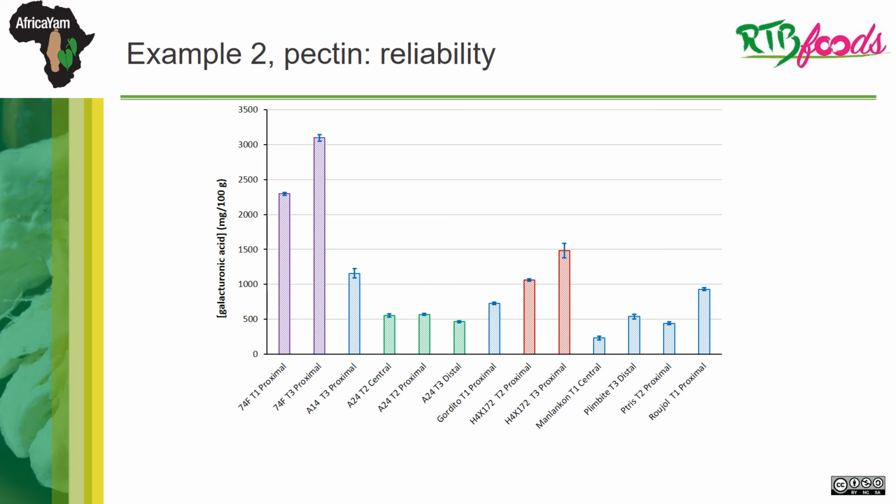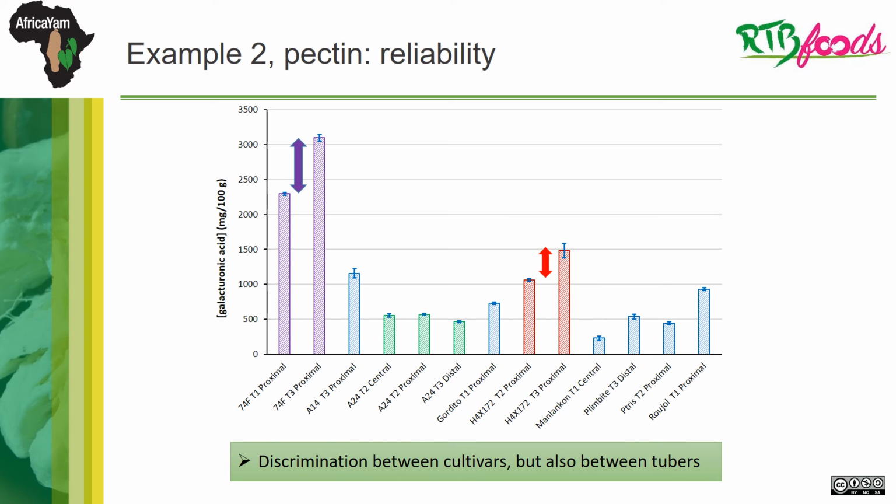Here you can see that the pectin content can range between 500 to 3,000 milligrams per gram, depending on the cultivar. And also, we can see that there is a large variation between tubers of the same cultivar. So, as for water content, you have to determine the pectin content on several tubers for the same cultivar to obtain a good mean value for this cultivar.